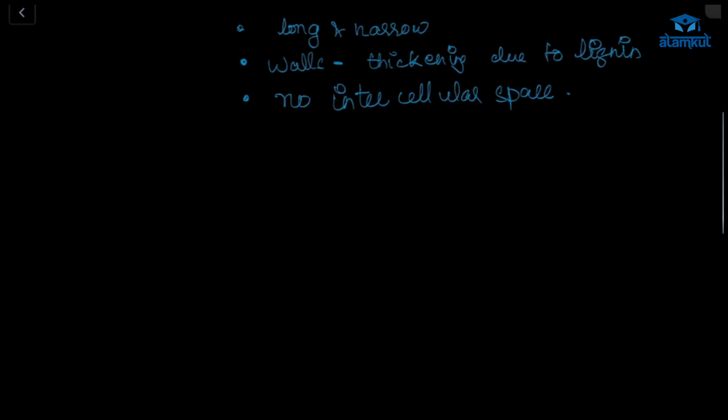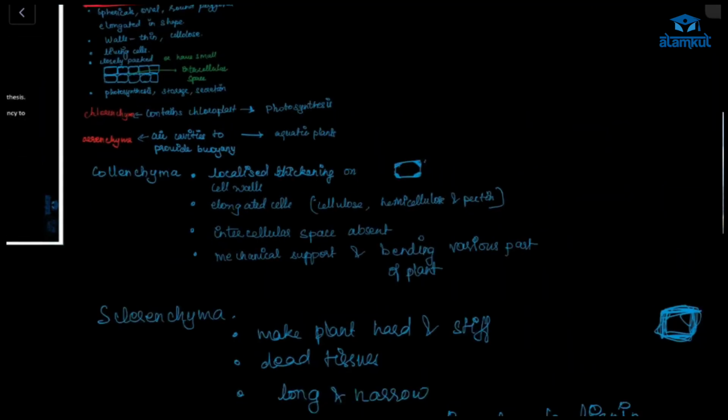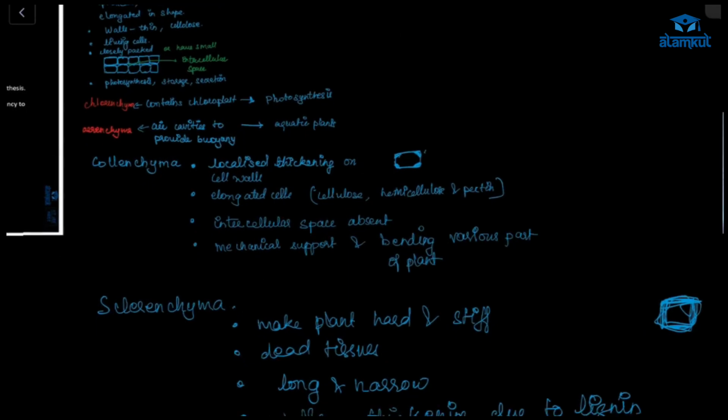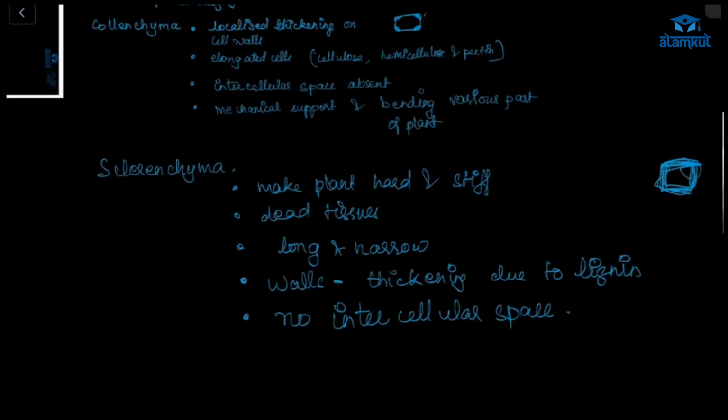And ma'am, collenchyma also don't have intercellular space. Yes, what is the difference? The cell wall of sclerenchyma is made up of lignin, and the cell wall of collenchyma is made up of cellulose, hemicellulose, and pectin.